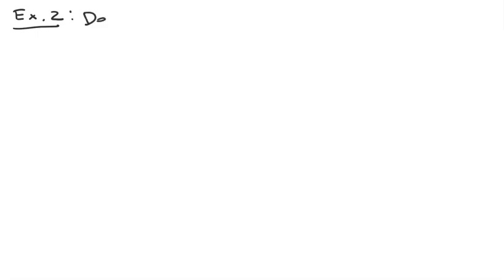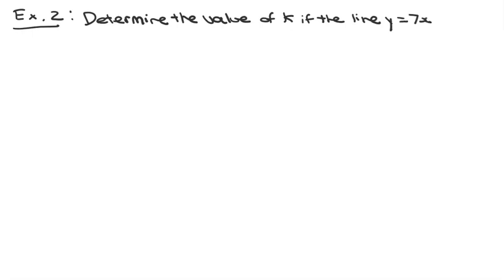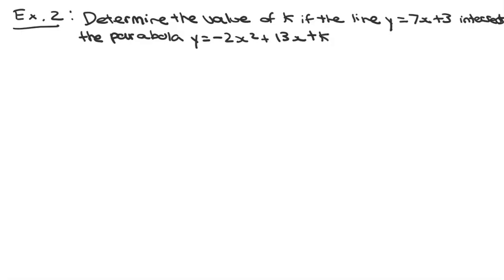And in this, we're going to say determine the value of k if the line y equals 7x plus 3 intersects, oops, running out of room, the parabola, and then we're given another equation, which is y equals negative 2x squared plus 13x plus k at only 1 point.